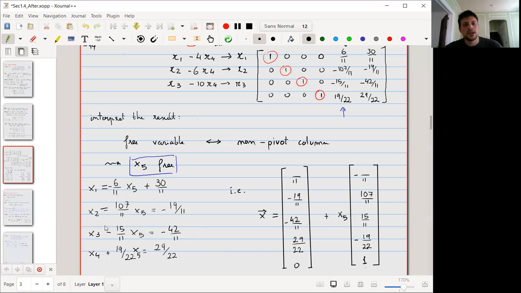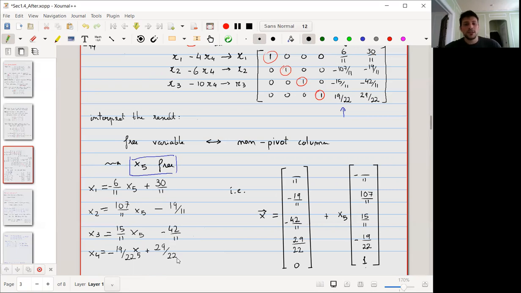x2 will become 107 over 11 x5 minus 19 over 11. x3 will become 15 over 11 x5 minus 42 over 11. And x4 will become minus 19 over 22 x5 plus 29 over 22.